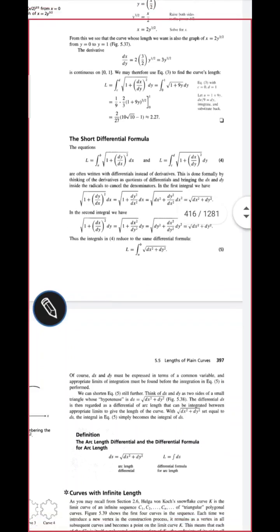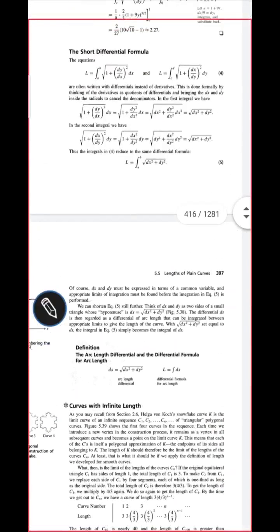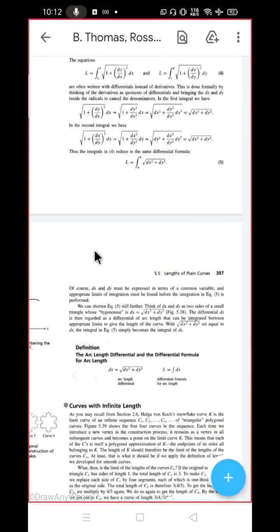So you just write this like this. That is, integration A to B dou x by dou t the whole square plus dou y by dou t the whole square, and put a square root outside, and this is dt, something like that.